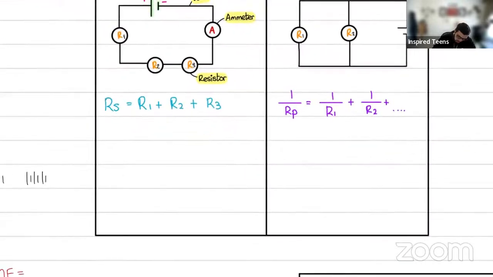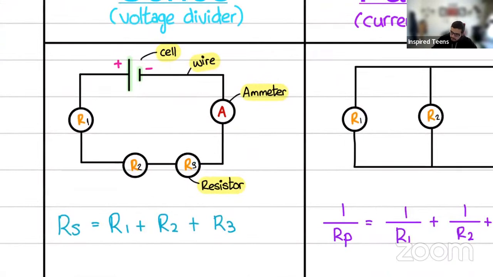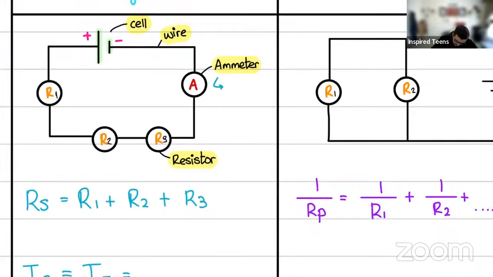Now let us discuss current. The current in series is always equal to the total current. Always, always, always. The current in series is always equal to the total current. So any ammeter that's connected to a series part of the circuit, you'll see when we do two different things, you'll understand better. Any ammeter connected to the series part of the circuit always reads I total.